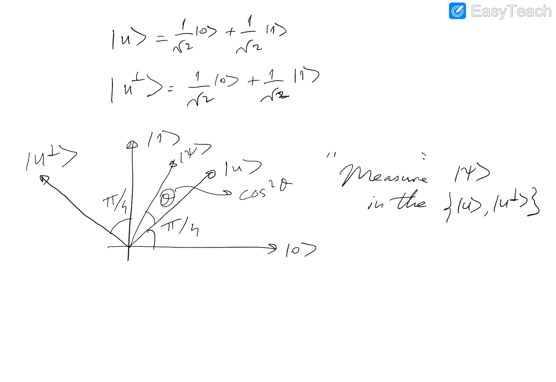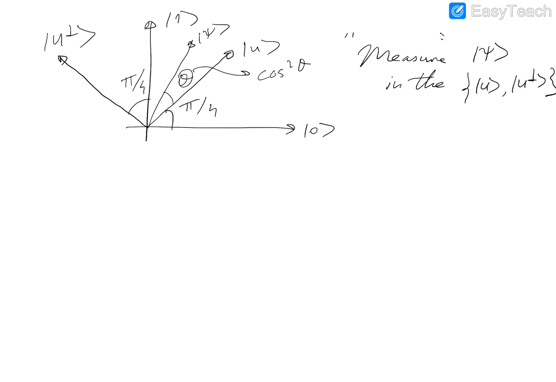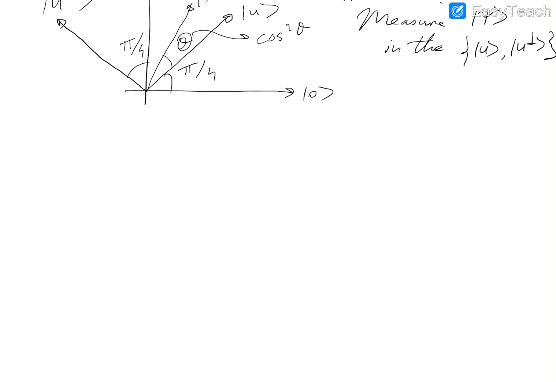So the probability of psi collapsing onto u is cosine squared theta. So measuring in any arbitrary basis provides us a way to write any state psi in that basis.